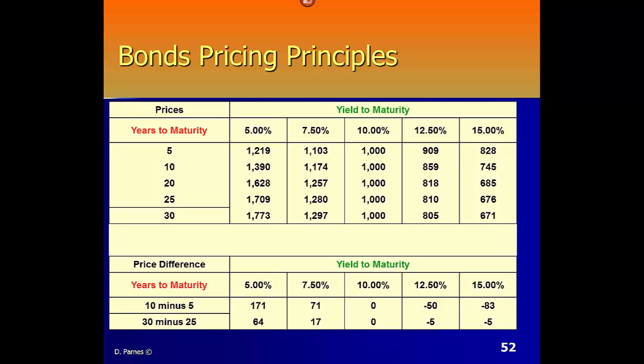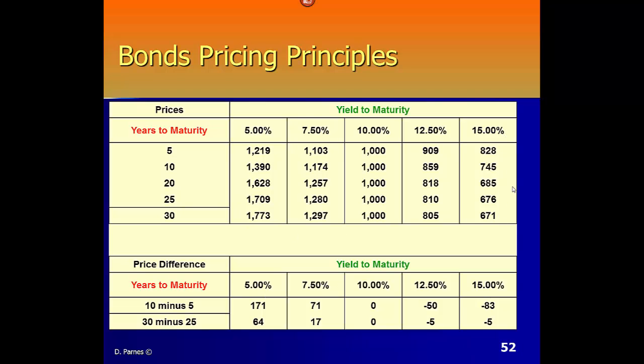Let's see the numbers. In the upper panel, I just expanded the same table that we saw in principle number 3. In other words, we take a $1,000 par value bond with different years to maturity, different yield to maturity, $100 coupons or 10% coupon rate.